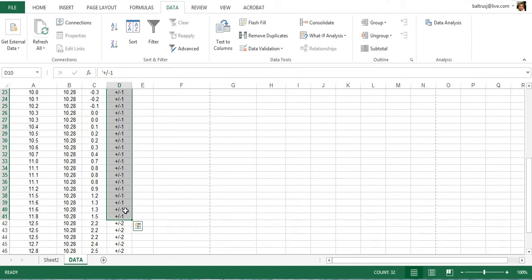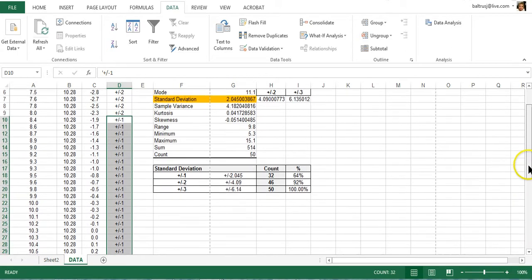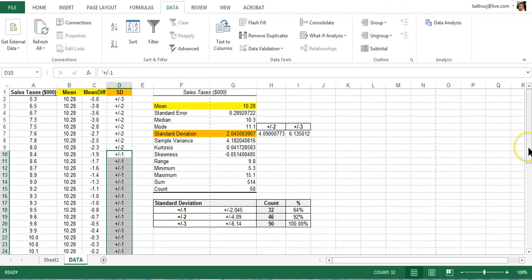Now the little trick I wanted to show you is this little count here. It says there's 32 cells selected. That means there's 32 records out of 50 that are within plus or minus 2.045, and I just put that number 32 right in there.